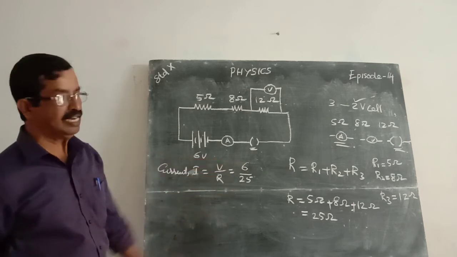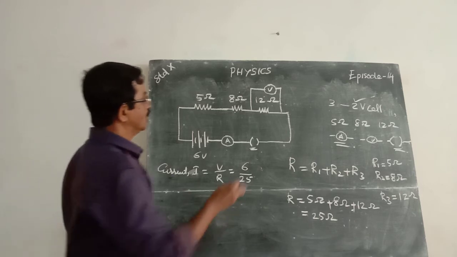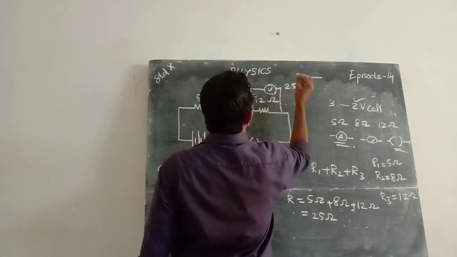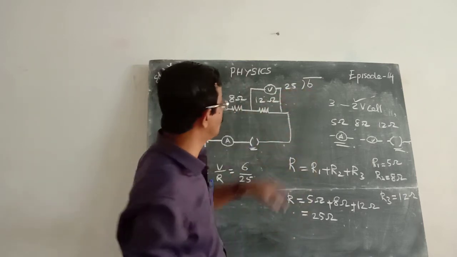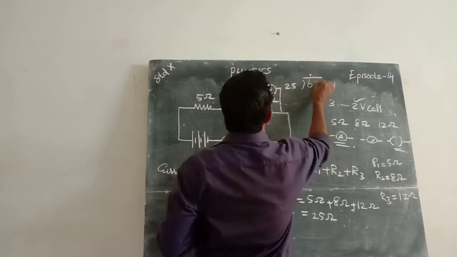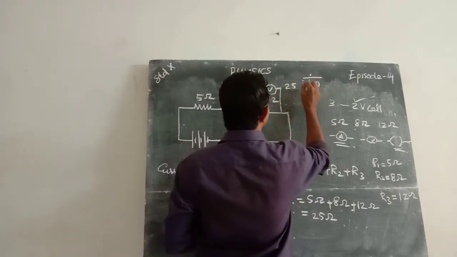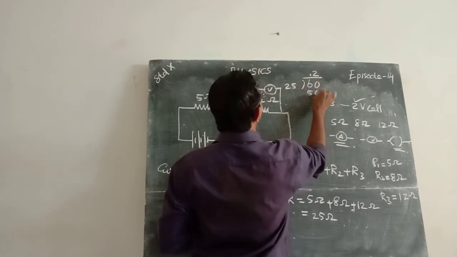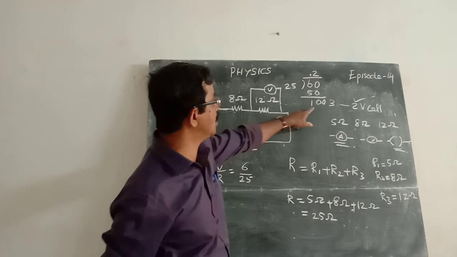Now we divide 6 by 25. From 6 we cannot take 25, so we put a decimal point. Now it becomes 60. How many times does 25 go into 60? 2 times, that is 50. Then we put one more 0 and it becomes 100.